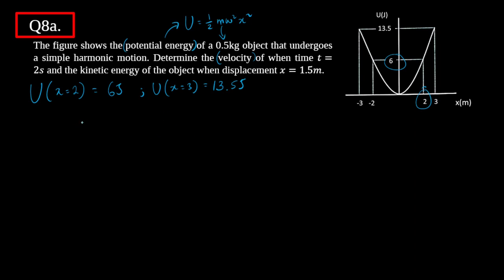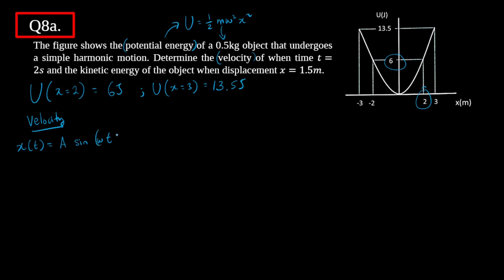That's priority number 1. So let me just do part 1. I'm going to talk about velocity, but before I look for velocity, I need to know the equation for displacement. And the general equation for displacement is going to be x(t) equals to A sine omega t.